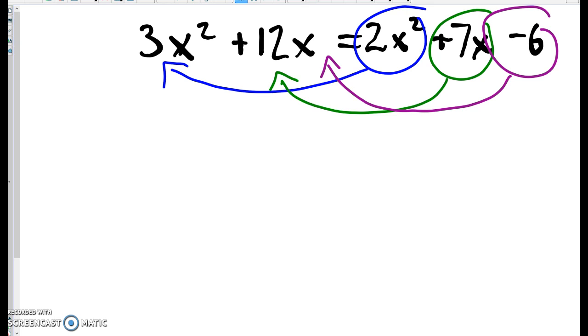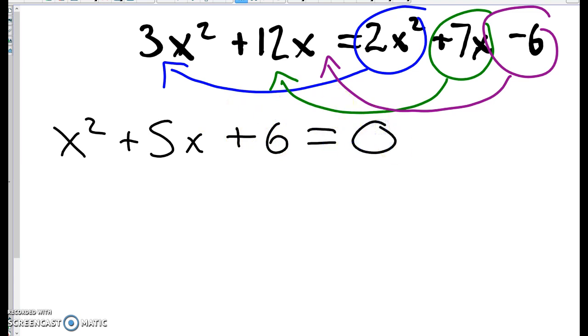We'll move the 2x squared over by subtracting it. So we get 3x squared minus 2x squared, which is x squared. We have 12x, and we want to move that 7x to combine with it by subtracting that 7x away from the right-hand side. And 12 minus 7 gets us 5x. And again, this -6 we want gone from the right-hand side, so we're going to add 6 to both sides.